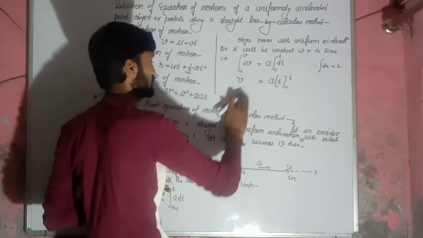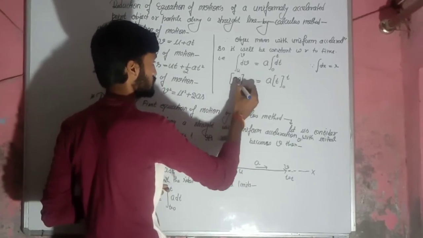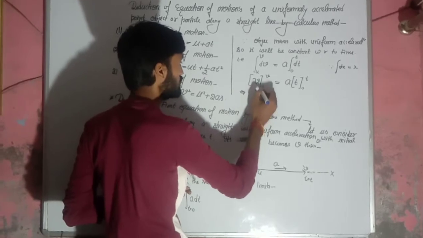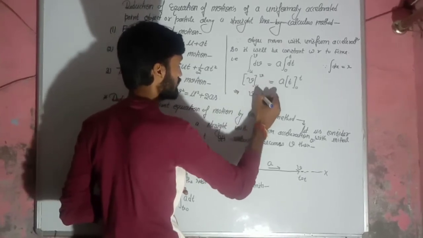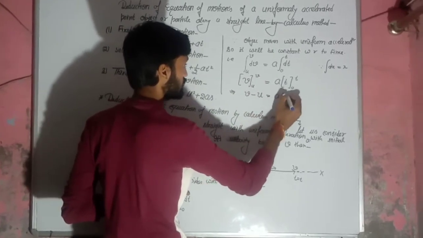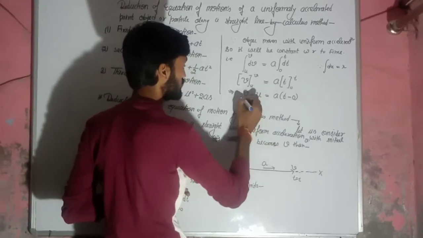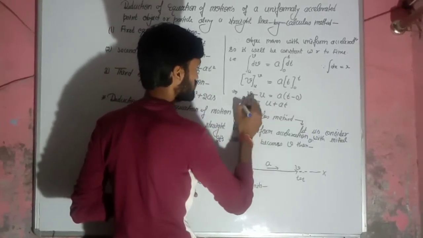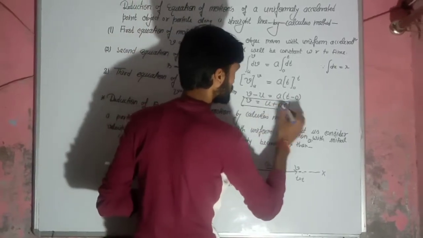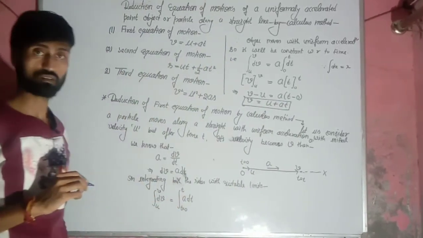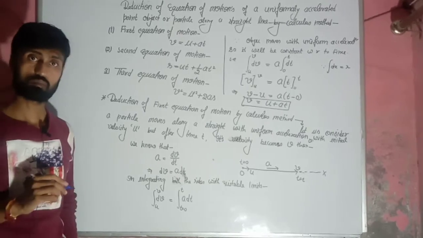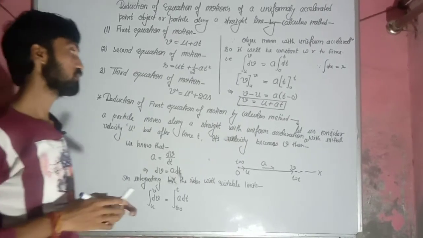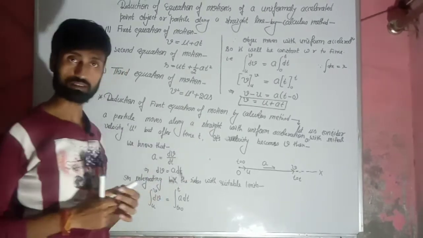Now after putting the limits, v minus u equals at minus 0. That is v equals u plus at, which is the first equation of motion. So you can easily derive the equation of motion with the help of the calculus method.